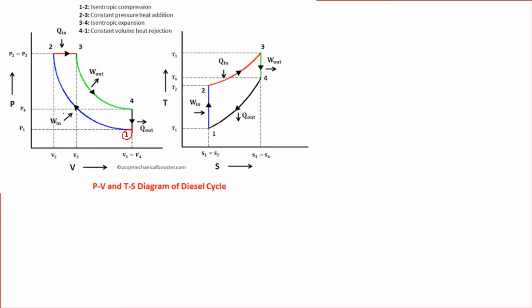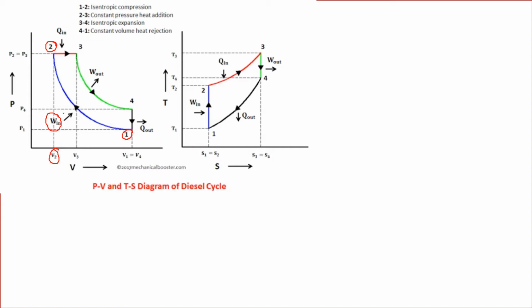If we compress this, wherein work has been applied isentropically, we have an isentropic compression and volume 1 has been reduced to volume 2. At the same time, the pressure has been increased from pressure 1 to pressure 2. So this is your state 2.